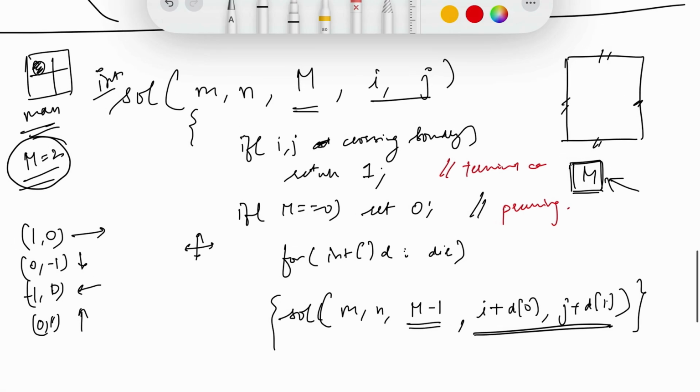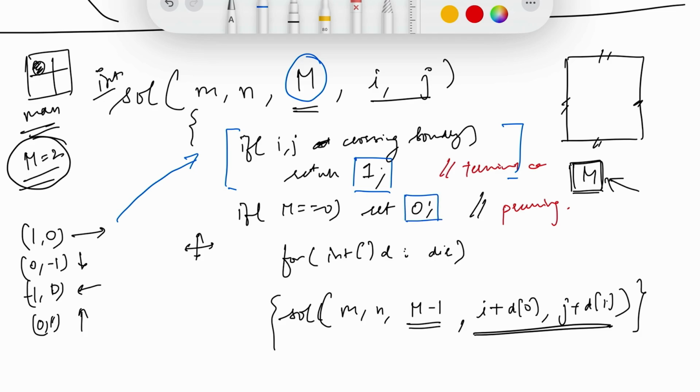So now when it comes to this end, it will see whether we have a valid i, j or we have crossed the limit, crossed the boundary. If we have crossed the boundary, it means that this path is taking less than or equal to M moves and it is crossing the boundary. It means we have to capture this path. And if M is equal to 0, we have utilized all of our allowed moves. In that case, we will return 0.